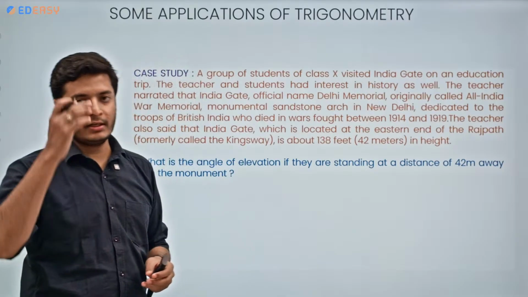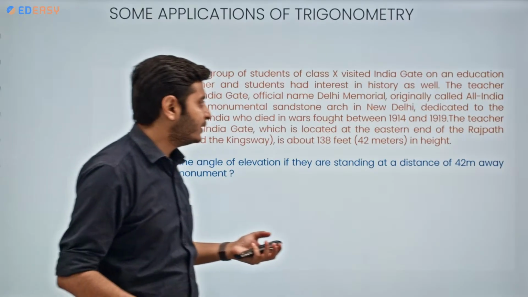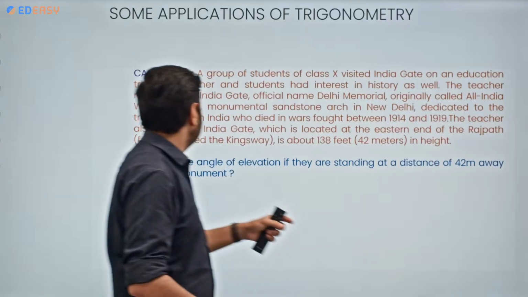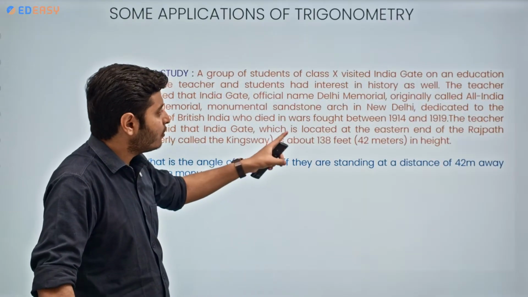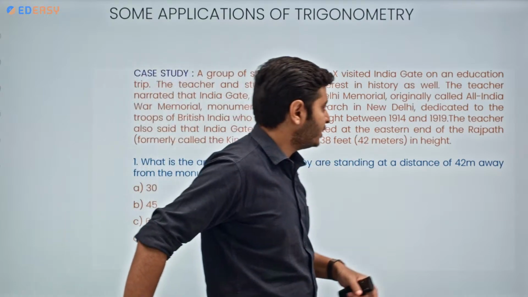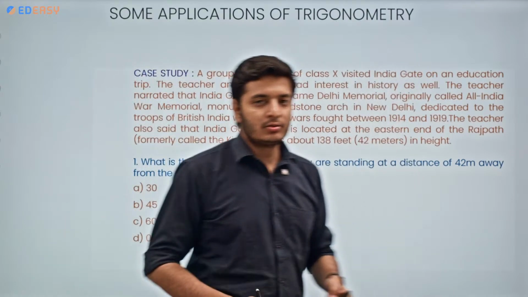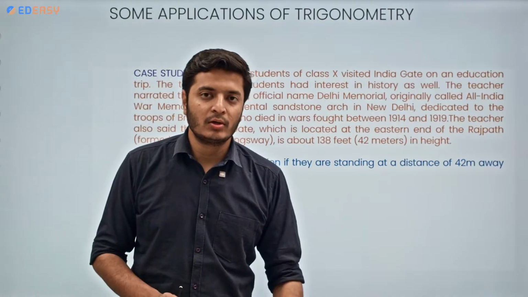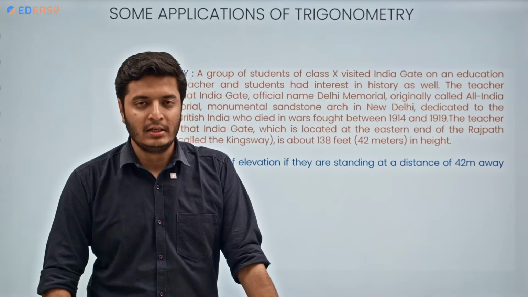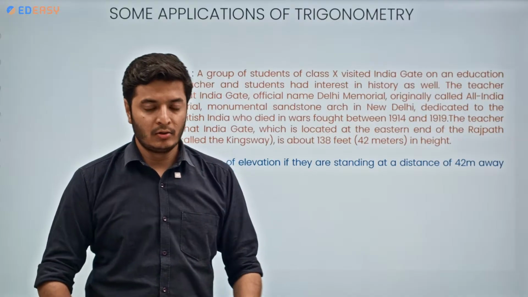So previously it had a different name, now it has a different name. Dedicated to the troops of British India who died in wars fought between 1914 and 1919. So it is a war memorial dedicated to those soldiers who were fighting for British India when India was not independent.